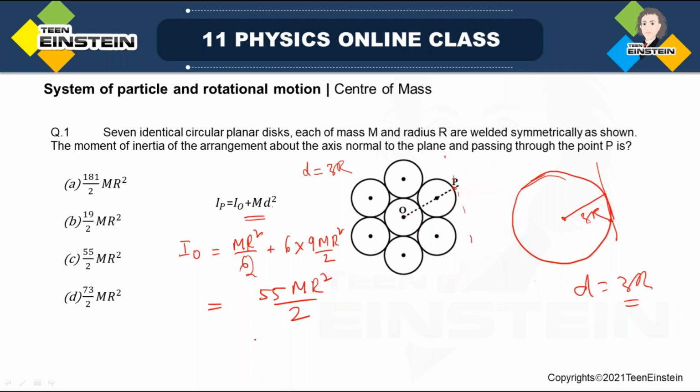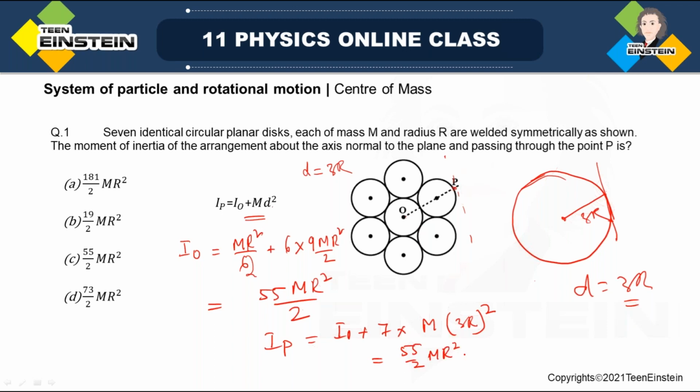Therefore this I_P, the moment of inertia, will be I_O plus 7 of this disk into m (3r) square.